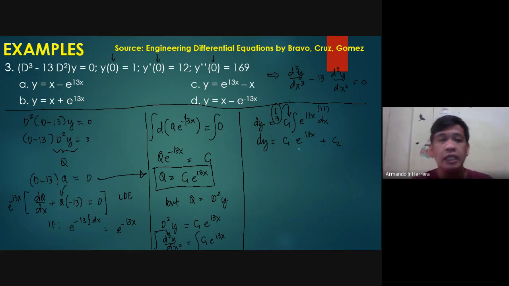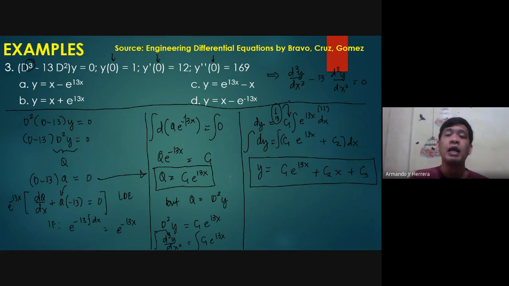Remember, this is order 3, so we are expecting 3 arbitrary constants. We are not yet done because we need to integrate this one more time to solve for the value of y. So integrating this with respect to x again, that gives us y is equal to c1 e to the 13x plus c2 x plus our third and final arbitrary constant. So this will serve as our general solution.